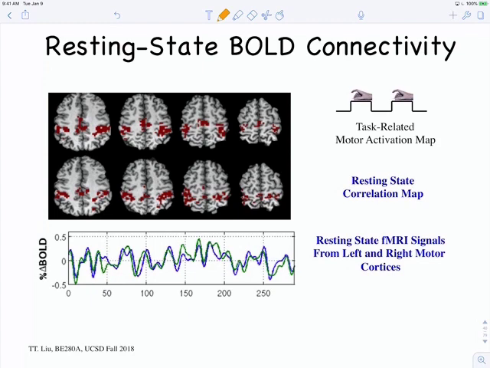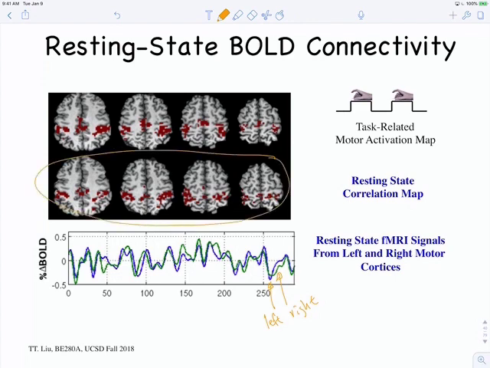So for example, here in blue and green, we've got the left and right motor cortices from someone just lying in the scanner. And you can see those signals are very in sync. They're highly correlated. And in fact, if we took the signal from, say, the left motor cortex and asked what regions go up and down in a similar fashion, we can come up with these sort of correlation maps.